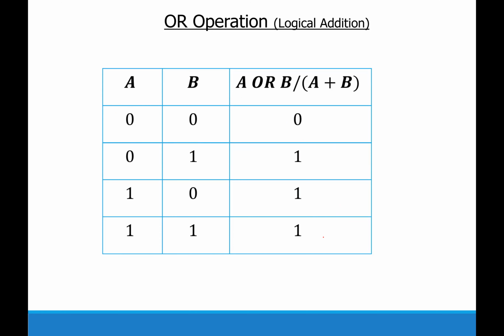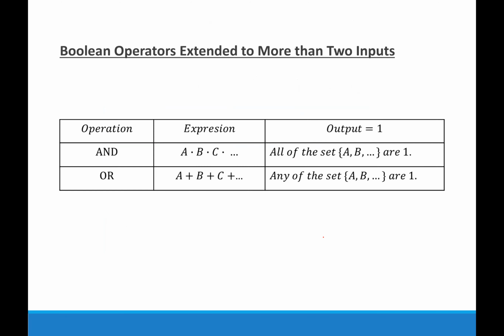Now we discussed 3 operations: NOT operation, AND operation and OR operation. If we have more than 2 inputs, I guess you can remember that for those cases, we can take only 2 operations, AND operation and OR operation.